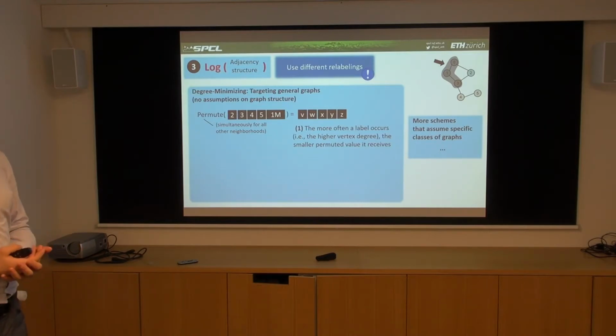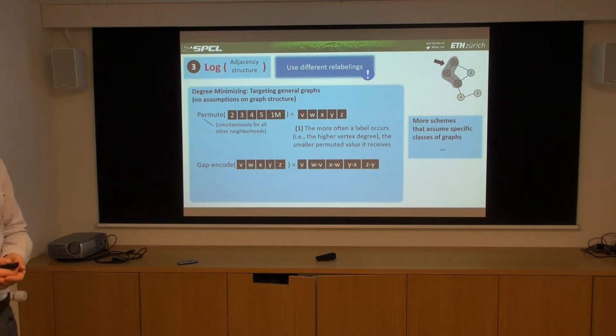So we want to reduce the space it occupies by giving it a smaller label. In the second step, we gap encode the resulting permutation, which means instead of just storing the exact values of the labels, we store only the first one, and then we store the differences between all of them, except for the first one, which is always the vertex ID, the ID of the vertex that we are considering in a given setting.